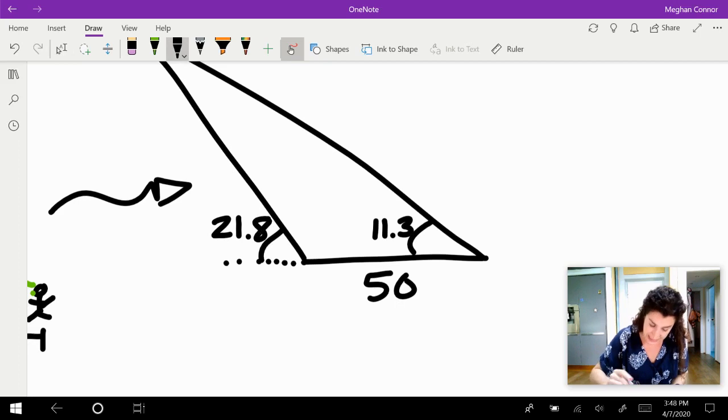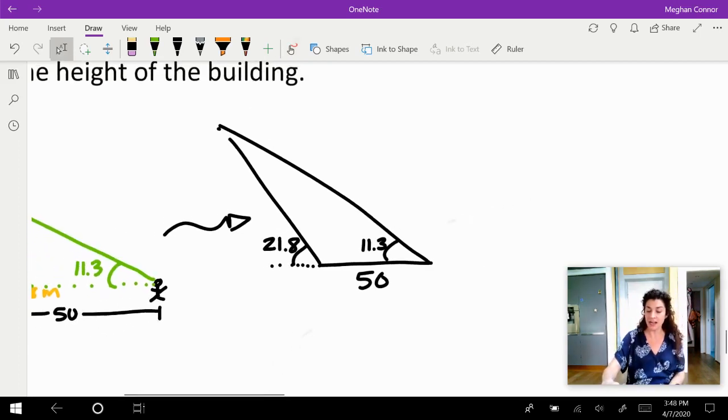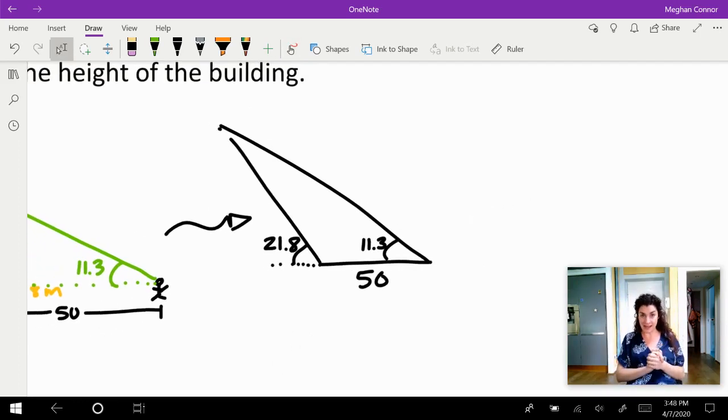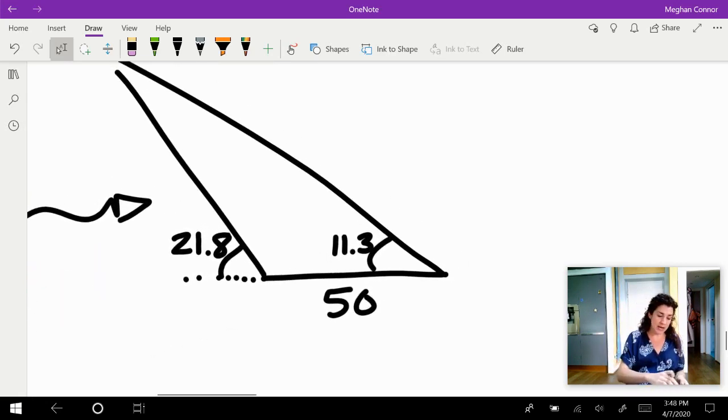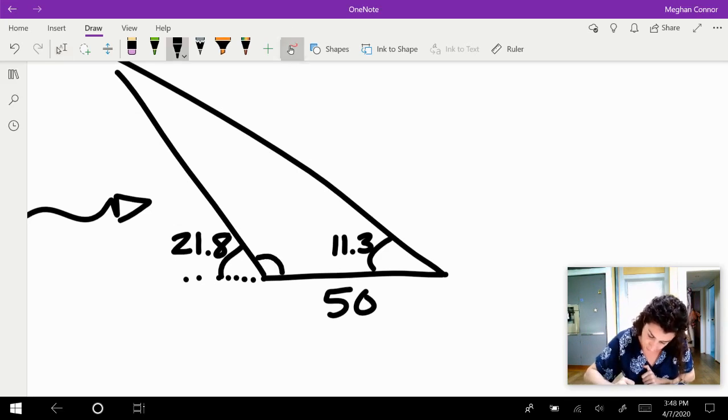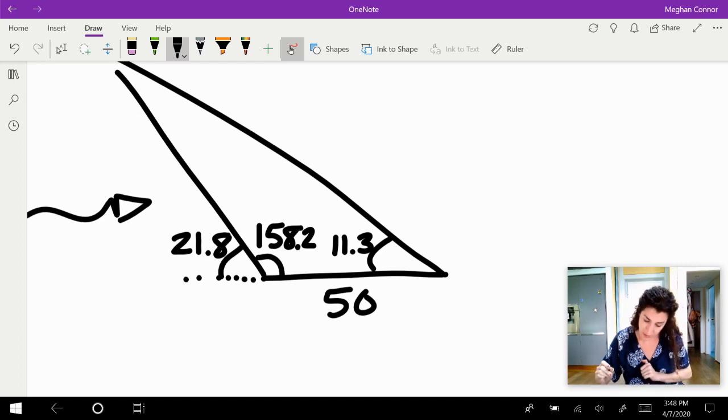Since I'm adding it into this new diagram, I need to somehow bring it in. In bringing it in, I can use my linear angles. I'm going to do 180 minus 21.8, and I get 158.2 for that angle.